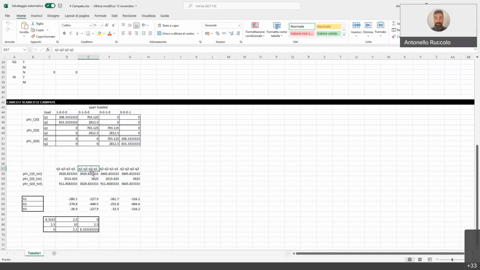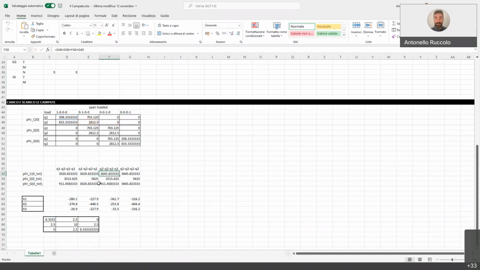But we can also consider when we load the maximum on the two central beams, as we did in the first exercise, with the lateral spans with load Q1 and the central ones with Q2. In this case, we will need to take this term loading with Q1, and this term loading with Q1. The central ones are with Q2.